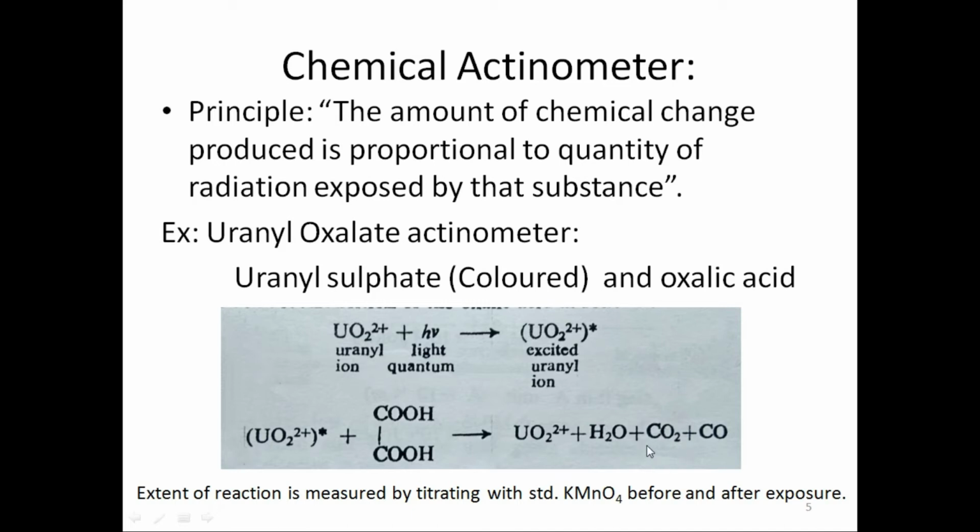During this process the quantity of oxalic acid decreases, which is proportional to the amount of radiation absorbed. The extent of reaction is then measured by titrating with standard KMnO4 before and after exposure.